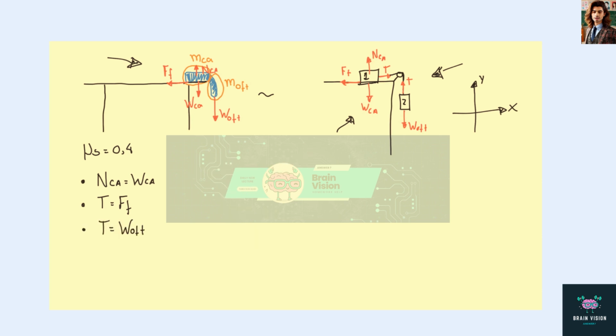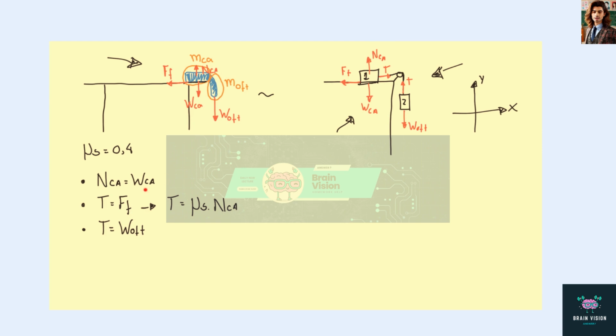Now let me organize the board and finish the question. We can finish this question by using these three equations that we derived from the situation. The second equation tells us that the tension force is equal to the frictional force. But note that this should be the static frictional force since nothing is moving. And the maximum value of the static frictional force is given by the static frictional coefficient times the normal force. But note that this equation was derived for block number 1. So the normal force here is this N_CA.